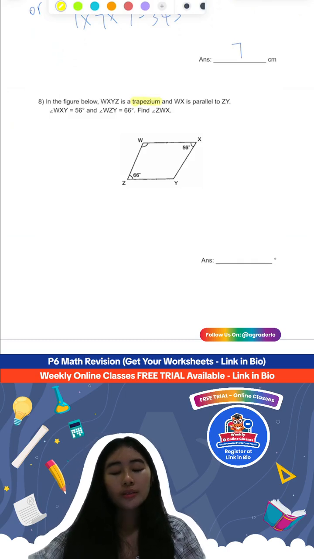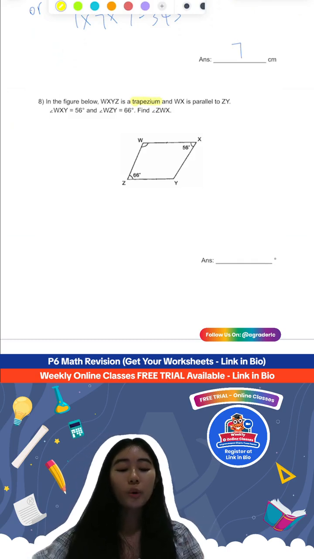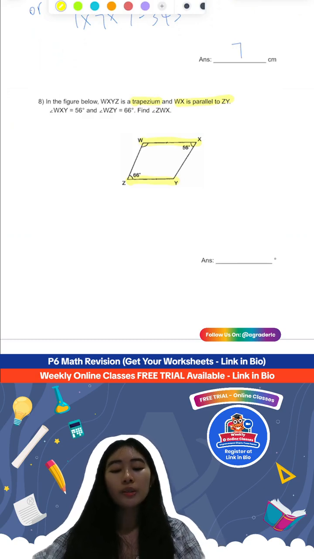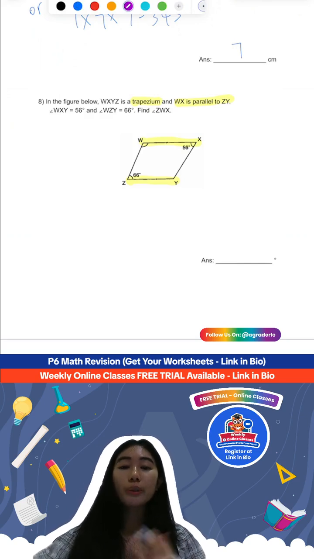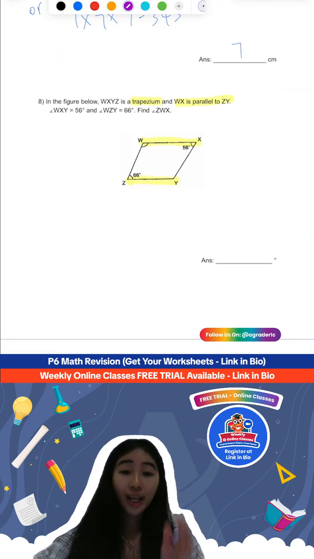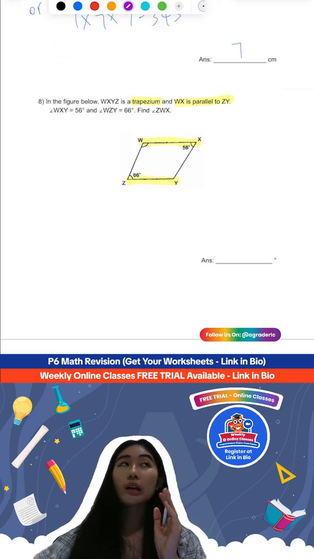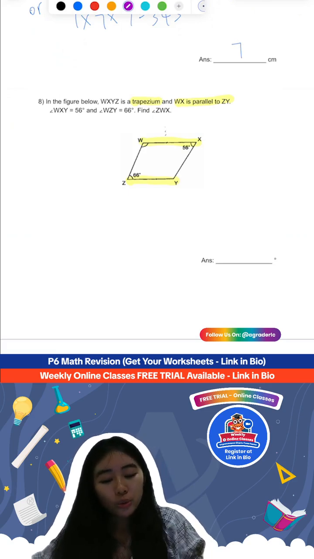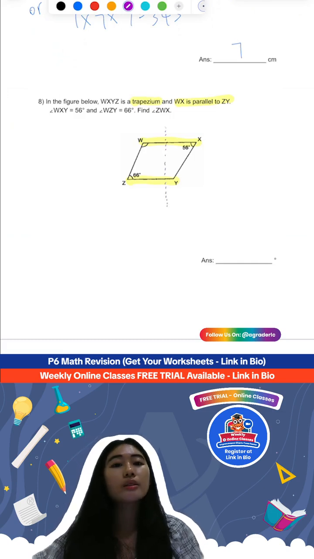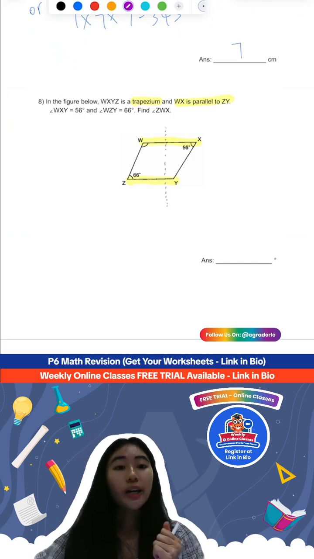So first thing, this is a trapezium. Trapezium only has one pair of parallel lines. They did tell you that it is WX and ZY that are parallel. I'm not sure whether your teachers did mention to you in school, for a trapezium, you can always imagine that you cut it into half along the parallel lines. Okay, so I'm going to imagine that I cut this trapezium into half like this. So why do I imagine that I cut into half?